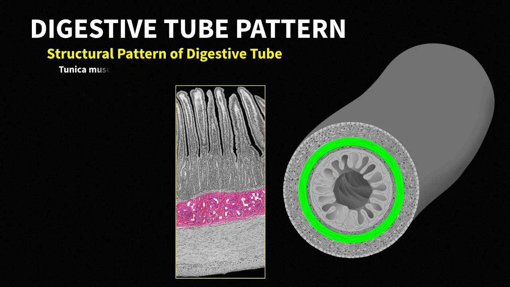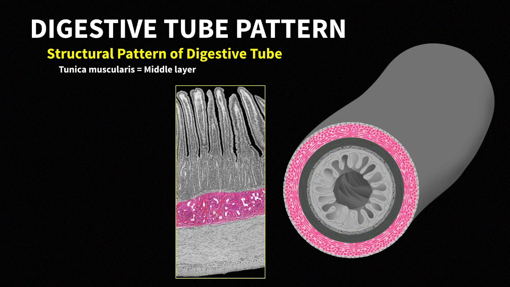The middle layer of the tubular wall, the tunica muscularis, also referred to as the muscularis externa, is a relatively thick layer of smooth muscle tissue, comprised of an inner circular layer of muscle and an outer longitudinal layer of muscle.